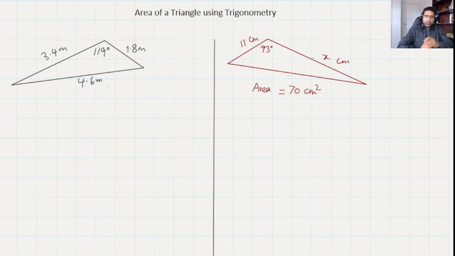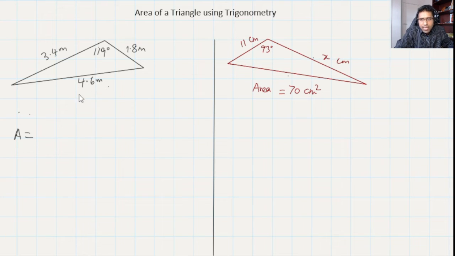Now we can look at these two given examples. In the first one, you can see that we have three sides given and one angle given. But as you know, for getting the area of this triangle, we just need the length of the two adjacent sides next to the angle, right? So we don't need this 4.6. That's unnecessary information.